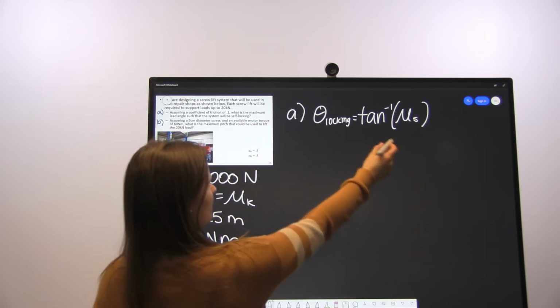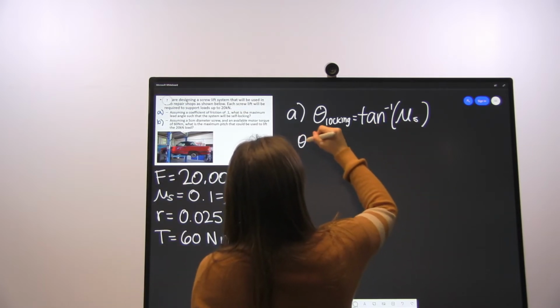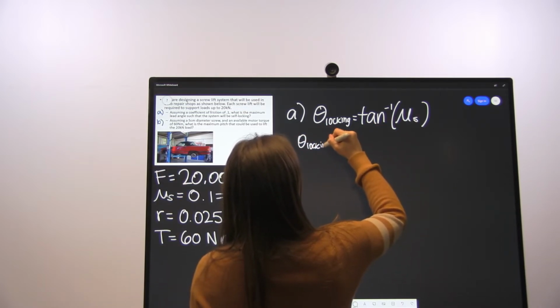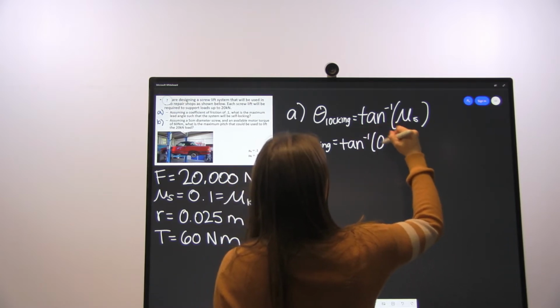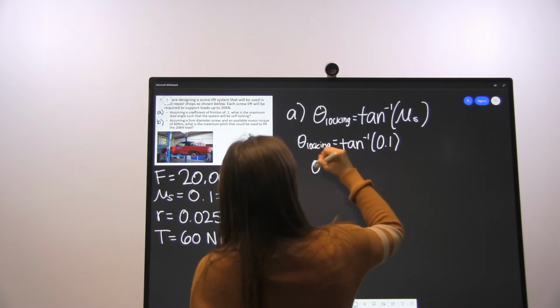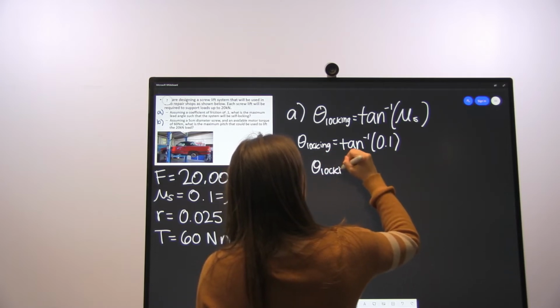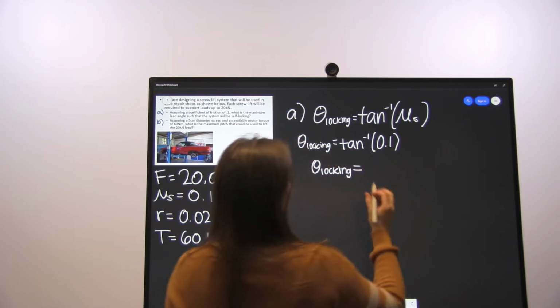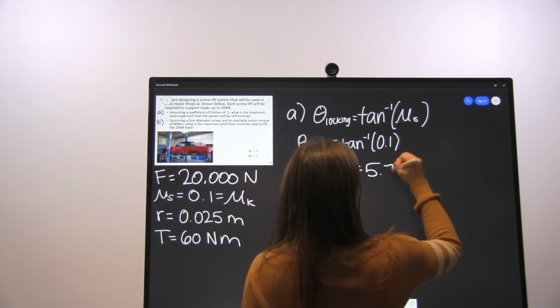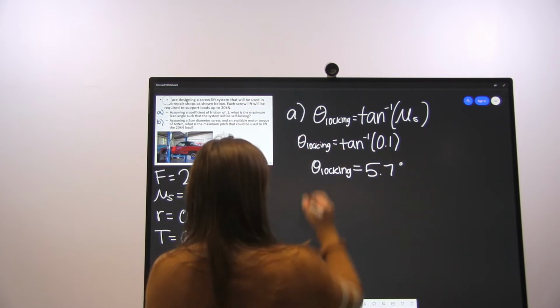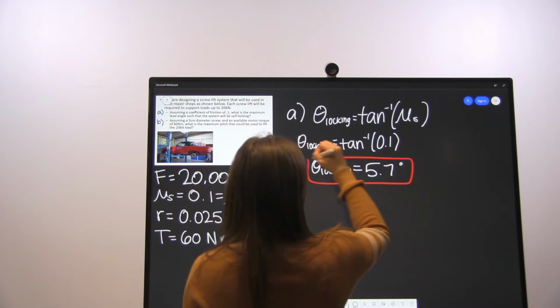This is theta locking is equal to the inverse tangent of 0.1, which gives us theta locking is equal to 5.7 degrees. So that's our answer for the first part of this problem.